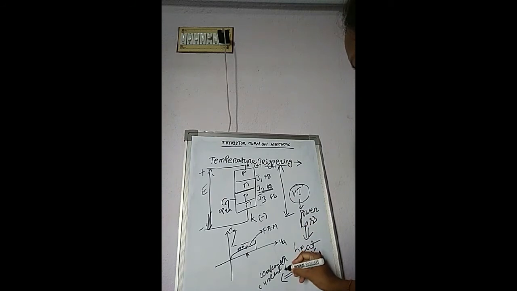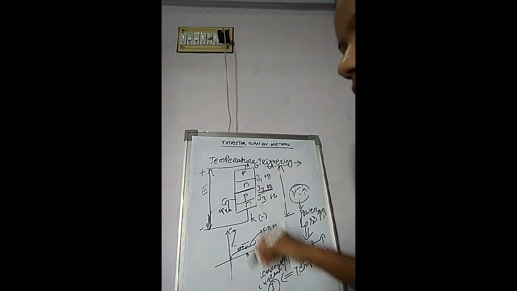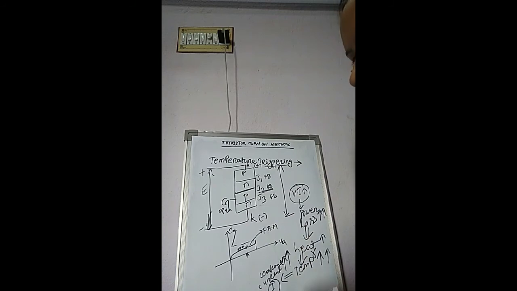Once leakage current increases, power loss increases again, heat formation increases, temperature increases, current increases, and again power loss increases. So this is a cumulative process, and through this process the thyristor may turn on at some higher temperature.